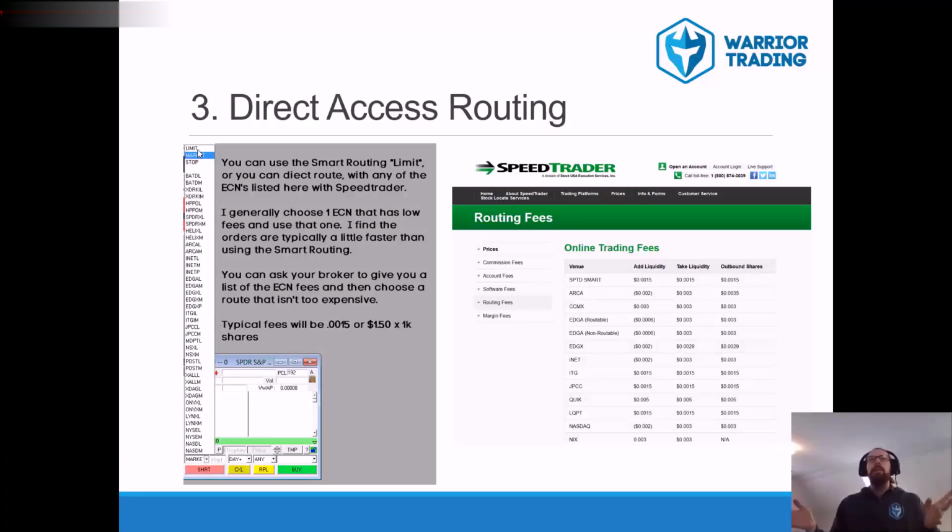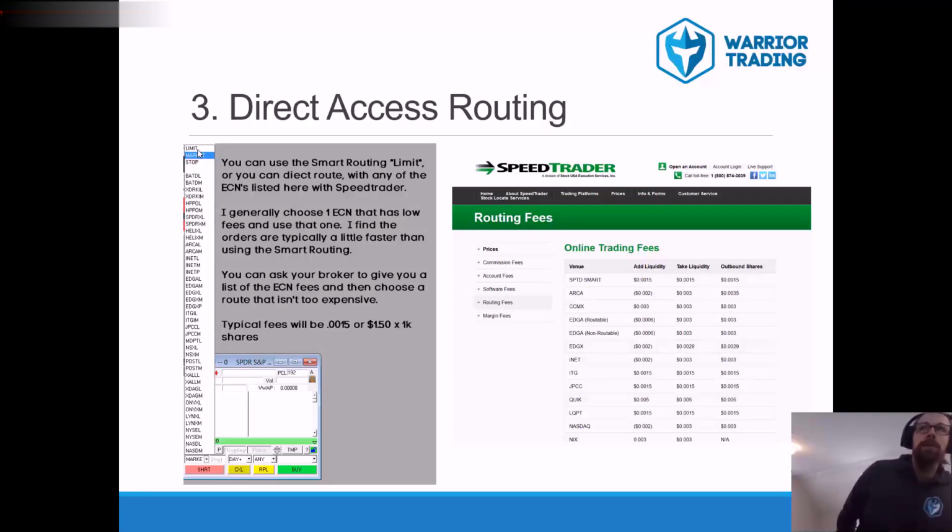It's for any number of reasons, but one reason is that the broker is going to most likely route your order towards the dock or the ECN, Electronic Communication Network, that either gives them the highest rebate, which is good for their business, or that for whatever reason they just use the most frequently. And that may not be the best one for you. That may not be the route that gives you a really quick fill.